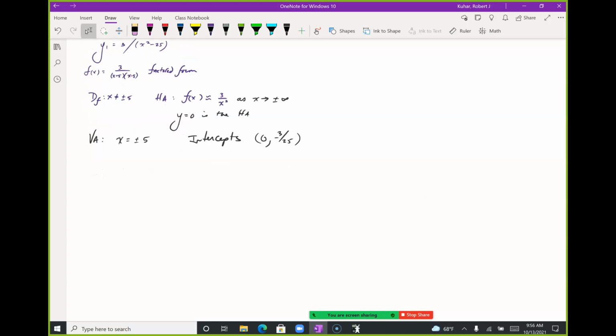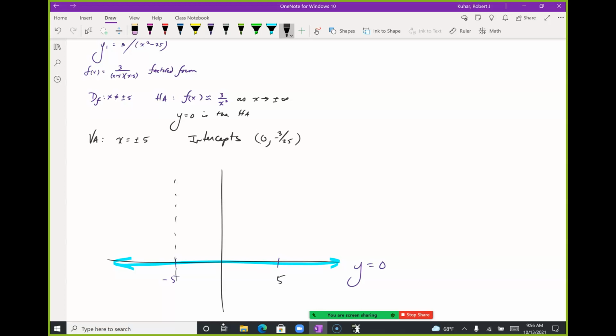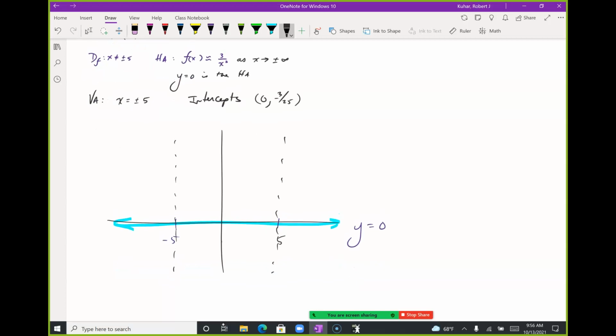I'm going to graph this whole thing on the calculator. At y equals 0, I have my horizontal asymptote. At plus and minus 5, I have a vertical asymptote. I have the point 0, negative 3/25.